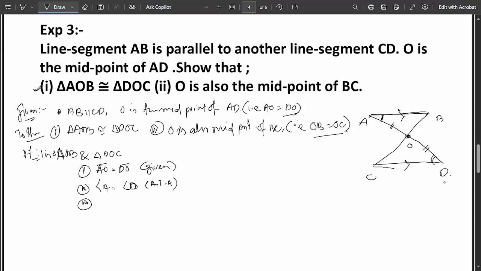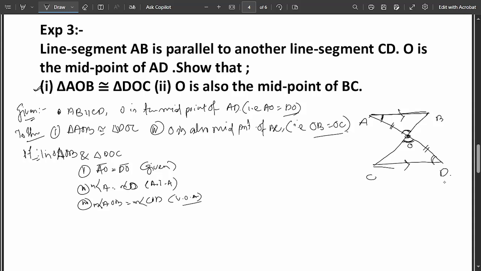Also, here we have a pair of vertically opposite angles, which are also the same. So the measure of angle AOB equals the measure of angle COD.